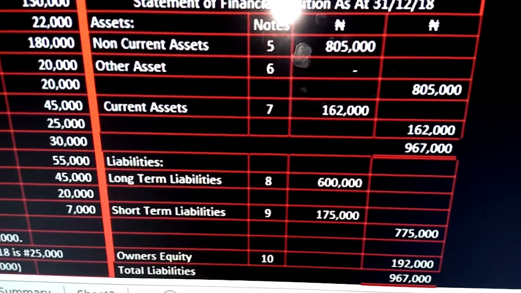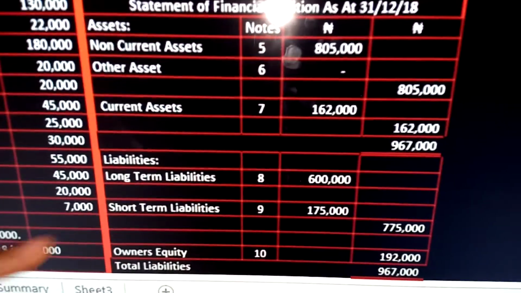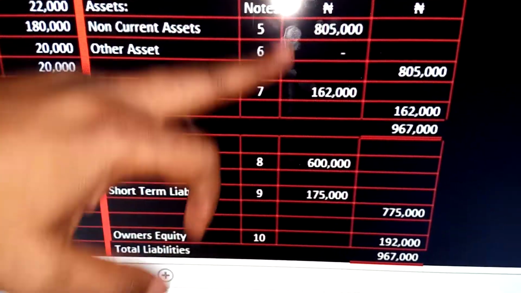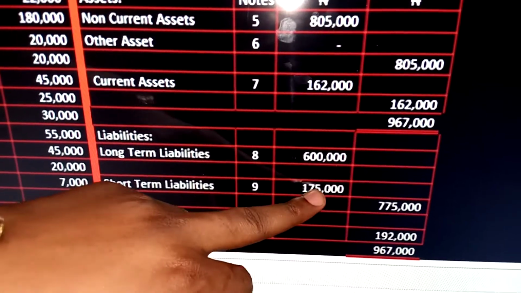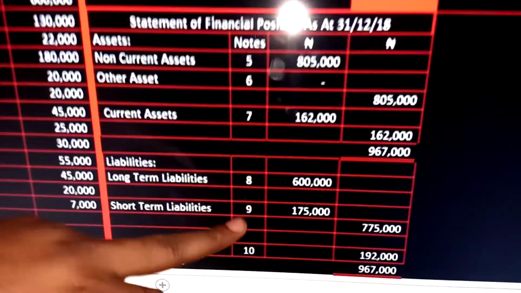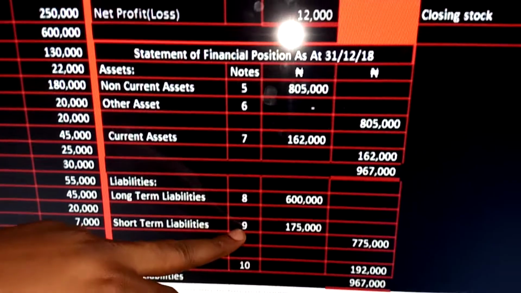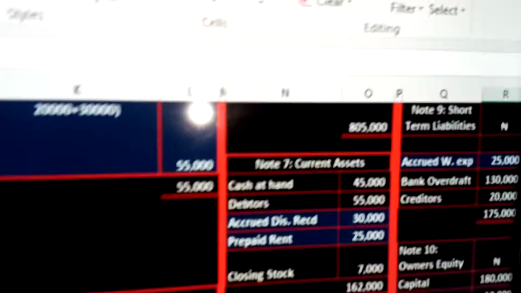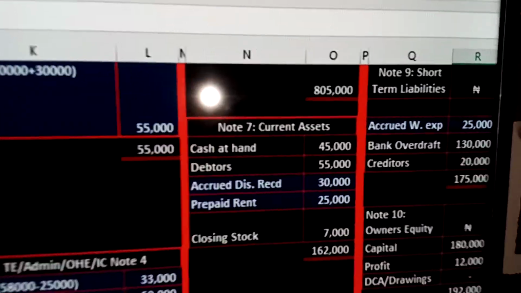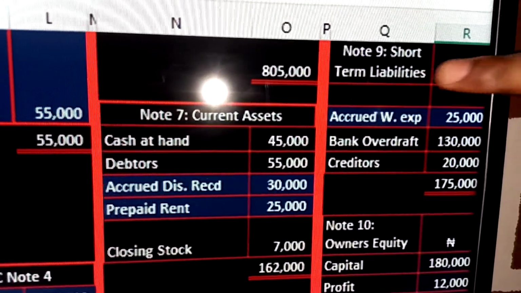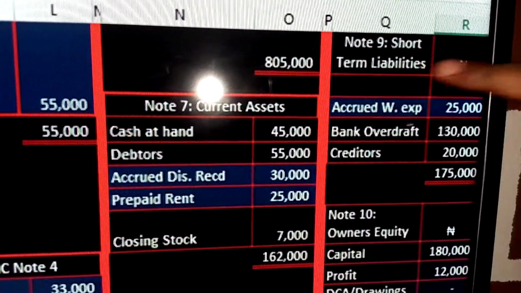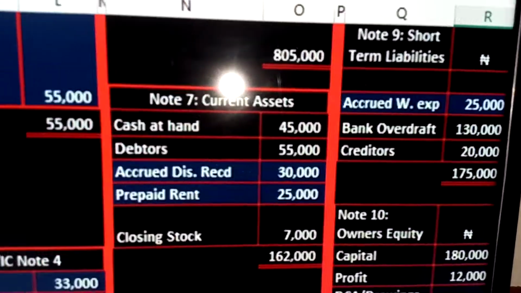The next is short-term liabilities. We have it as 175,000. The note here says note 9, so let's go to note 9, short-term liability. We have accrued warehouse expense.